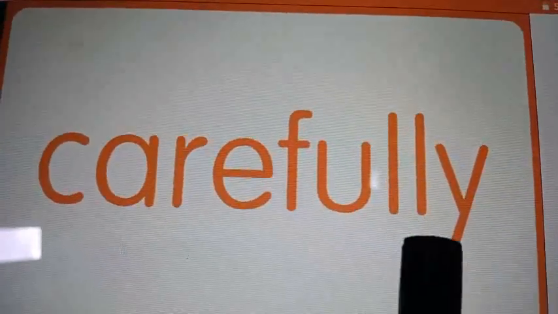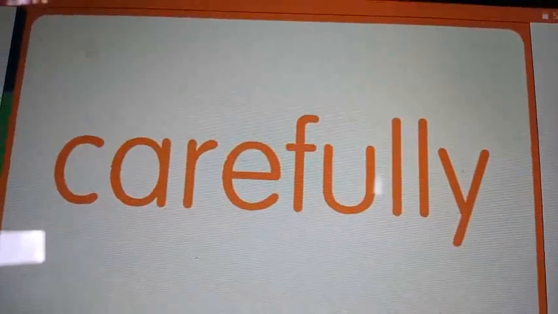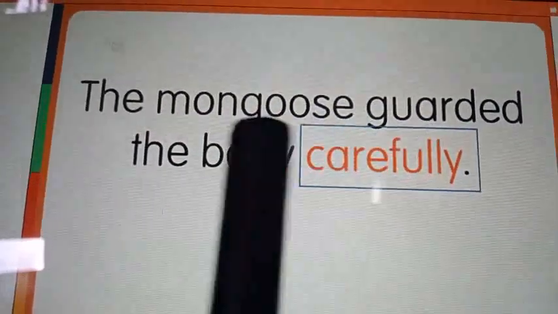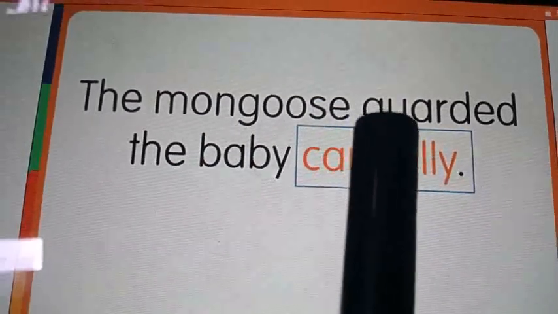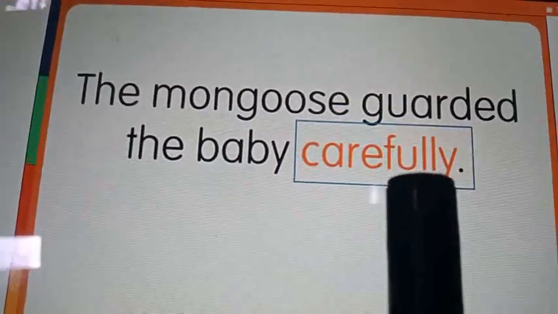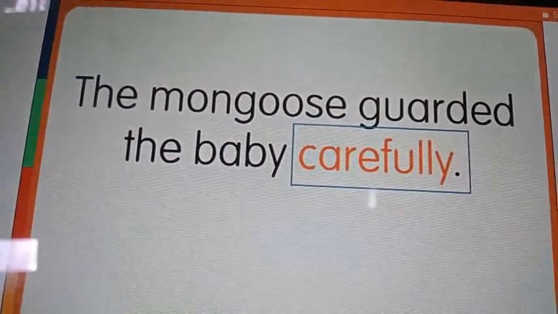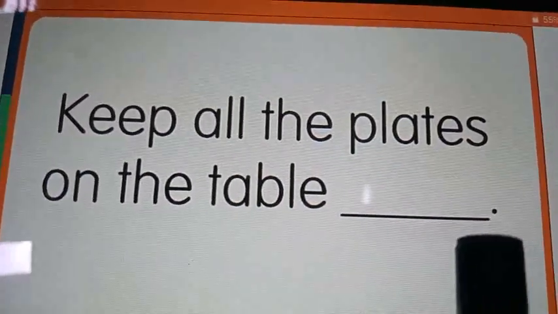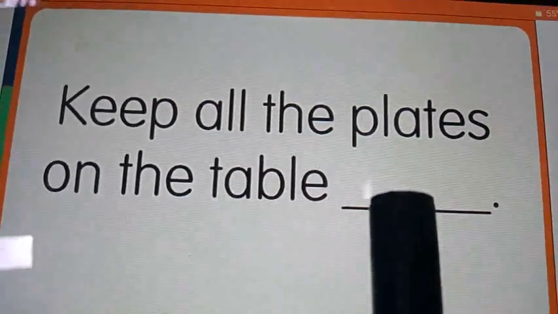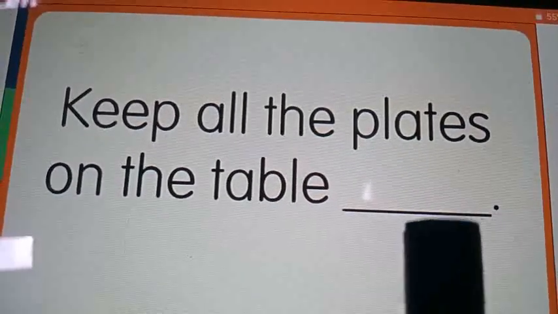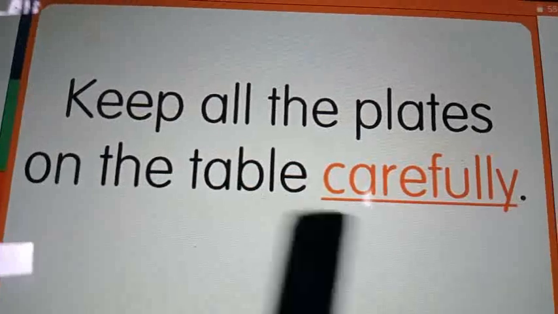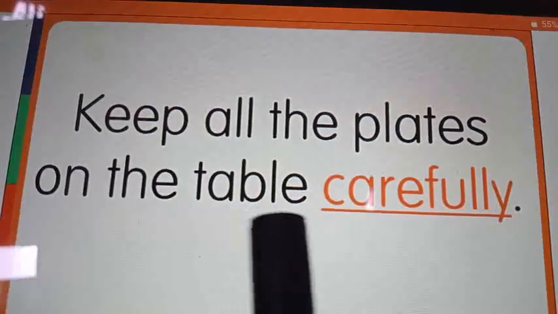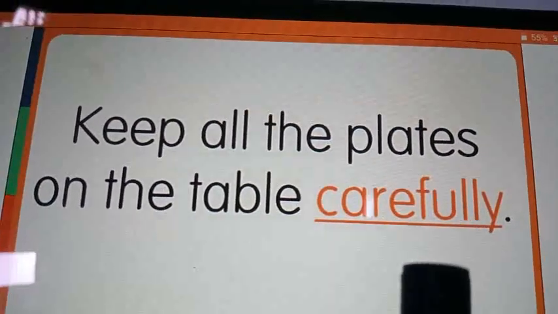Carefully. See the example sentence. The mongoose guarded the baby carefully. Keep all the plates on the table dash. Which word comes here? Can you find out the word? Yes. Keep all the plates on the table carefully.